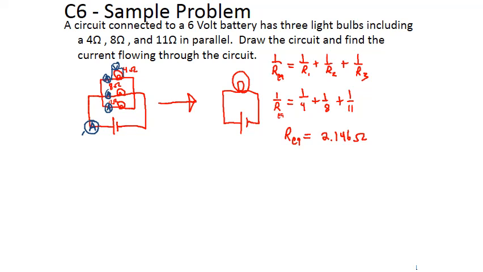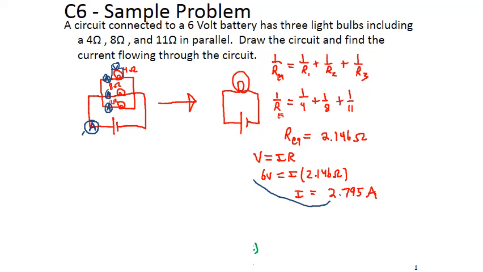So 1 over Req will be 1 over R1 plus 1 over R2 plus 1 over R3. So 1 over 4 plus 1 over 8 plus 1 over 11. And we'll get our resistance of 2.146 ohms. Now, you've got to be very careful here because once you take these values, don't forget that it's 1 over Req. So you're going to have to cross multiply, then divide to be able to get your equivalent resistance.